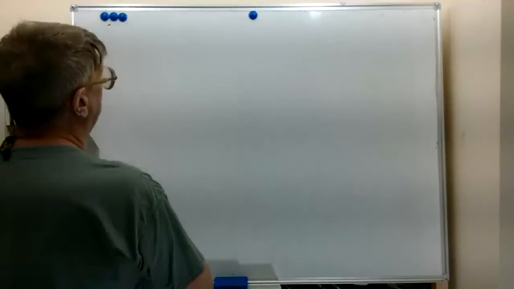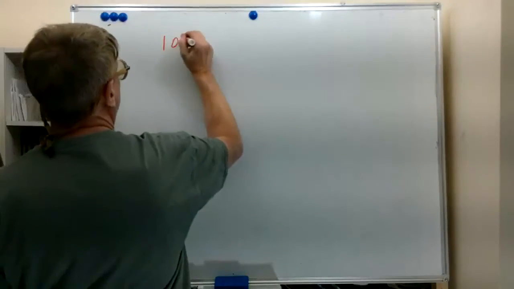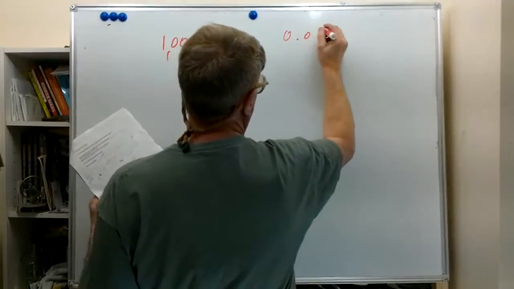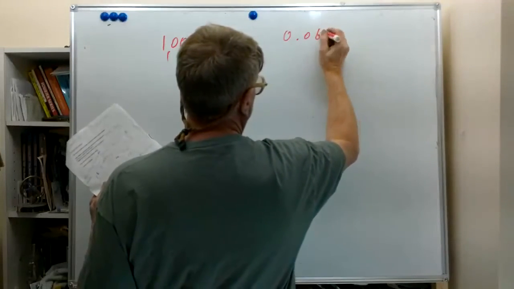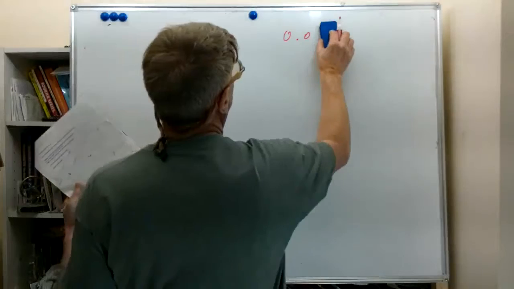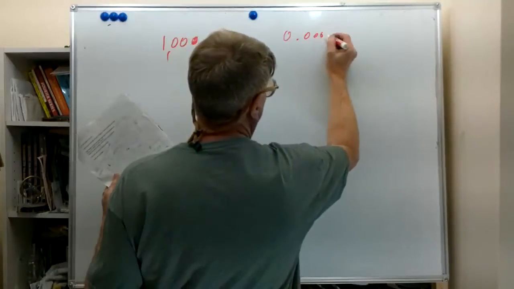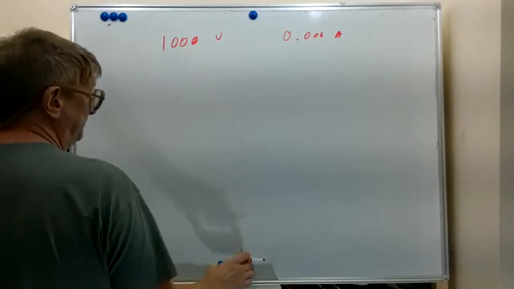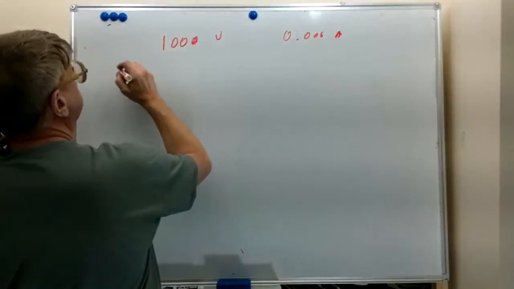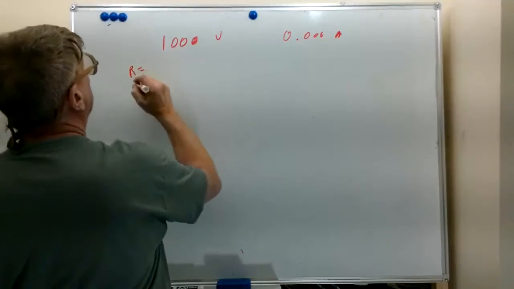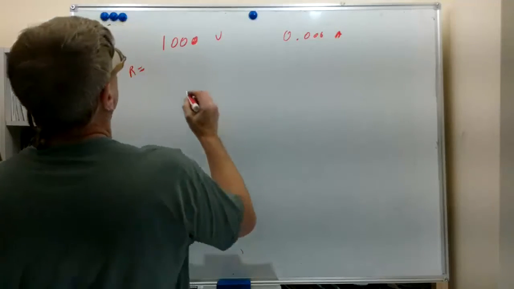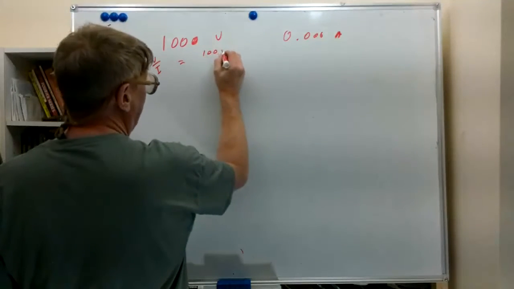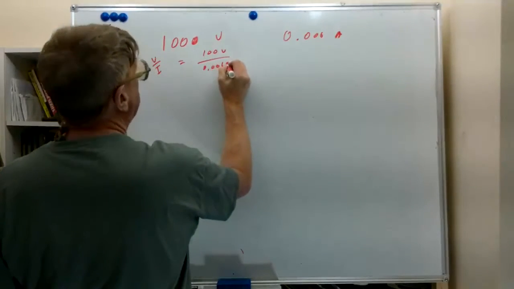Let's see if you've got 1,000 volts, and we're looking for that 6 milliamps, which is 0.006 amps. Resistance equals voltage over current. So we're going to go 1,000 volts over 0.006 amps.